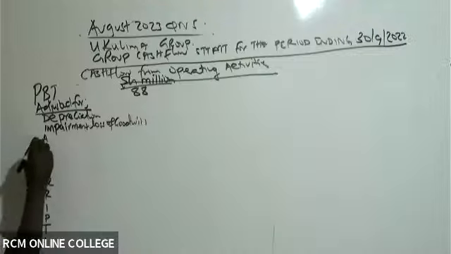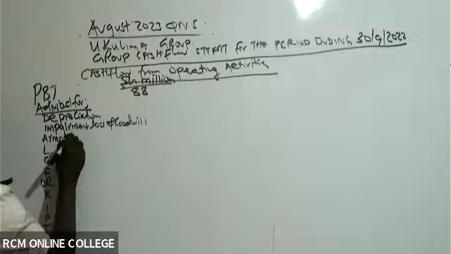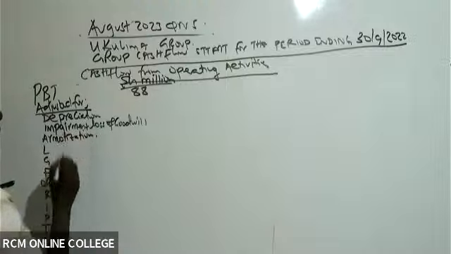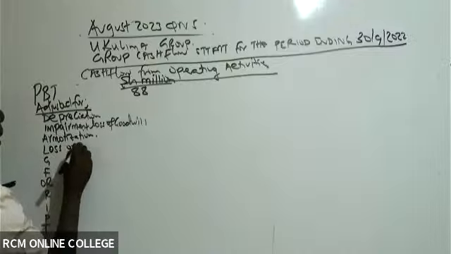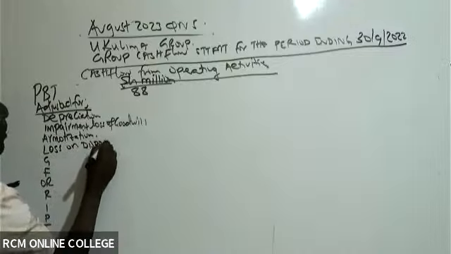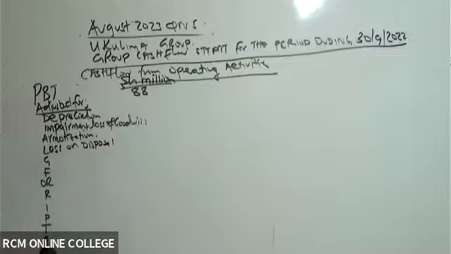We have amortization here. Here we have loss on disposal. Anything you dispose, it could be a PPE item, it could be a subsidiary disposed of and you made a loss. So loss on disposal.